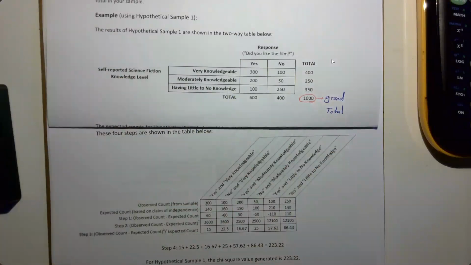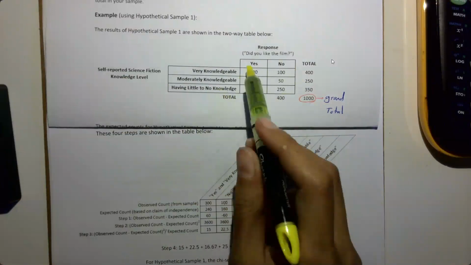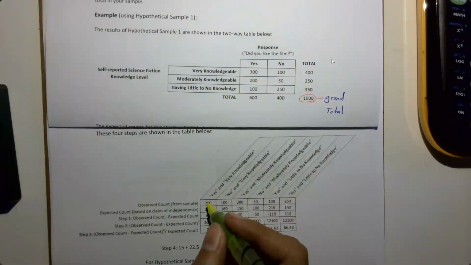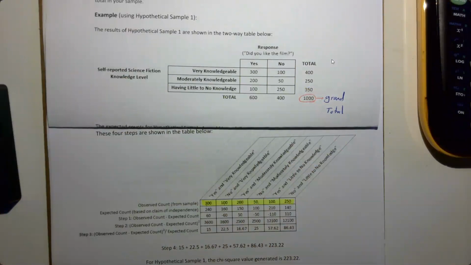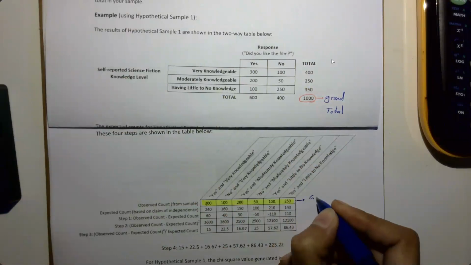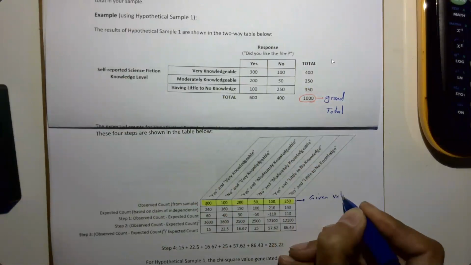These are all observed counts, or the actual values that are given to us. These all go on the first row, actual values. These are our given values without any calculation.